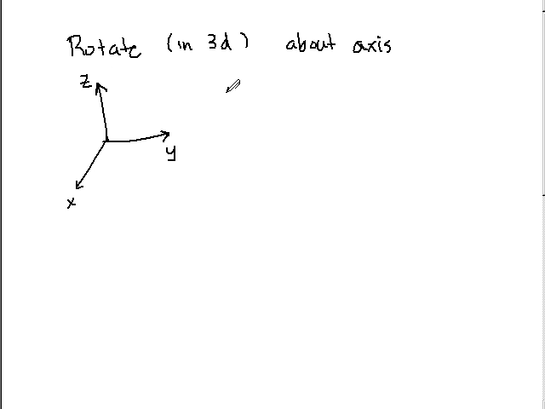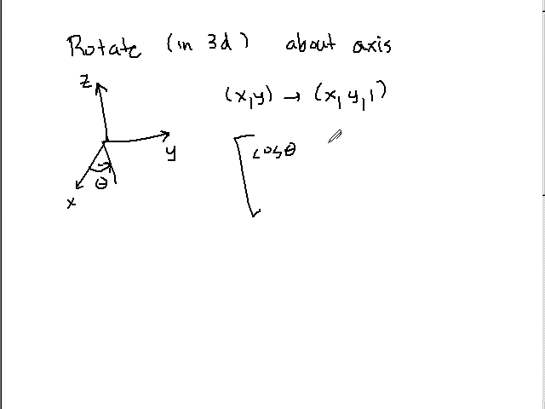If I extend x and y into x, y, and 1, I can write the rotation in 3 dimensions about z as cosine theta, minus sine theta, sine theta, cosine theta, 0, 0, 1.